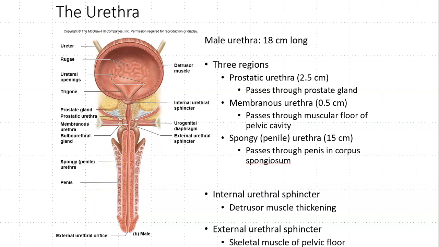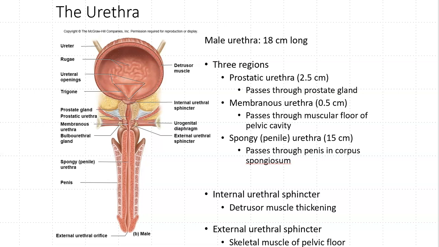And the female urethra, on the other hand, is really, really short, and it is bound to the anterior vaginal wall.